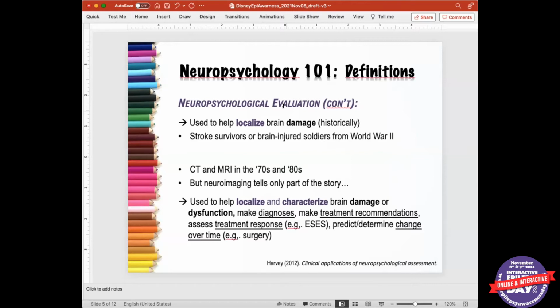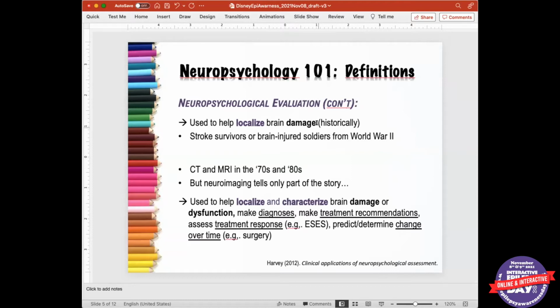Imaging at that time was nothing like it is today, so we couldn't exactly know where some of these problems were coming from in the brain, and neuropsychology was actually used to do that. Brain-injured soldiers from World War II, for example, who had injuries to their brains, open injuries sometimes, closed injuries: what were the consequences of that, and where do we think those injuries actually were in the brain?